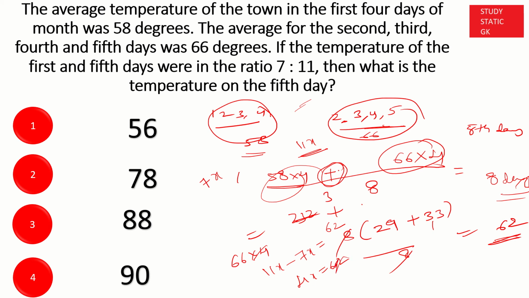This is not 62. We have to subtract, because the sum of the second 4 days is 66 into 4, minus the sum of the first 4 days, which is 58 into 4. If you subtract this, what will we get?